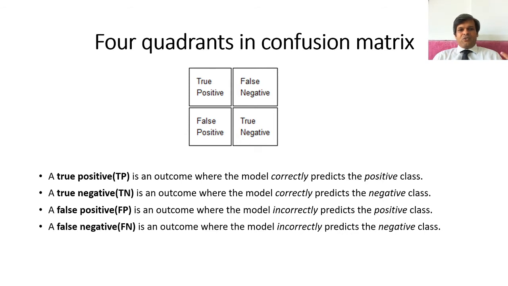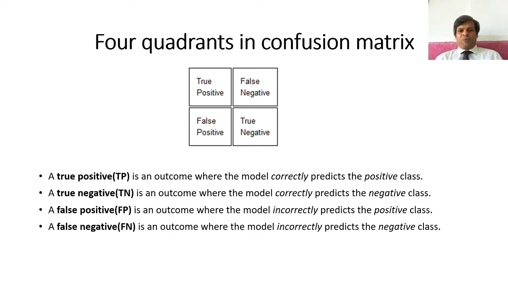The next quadrant is true negative. It is an outcome where the model correctly predicts the negative class. Suppose a passenger on the Titanic has not survived, and our model predicts the same. That is a true negative. The next quadrant is false positive. It is an outcome where the model incorrectly predicts the positive class. So in actuality the passenger has survived, but our model suggests that he has not survived.